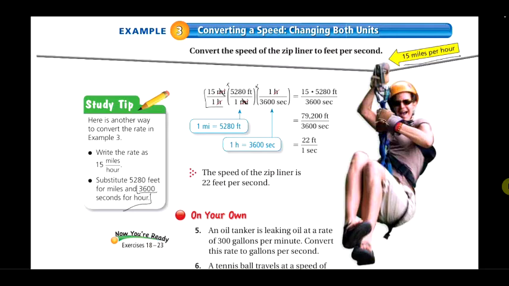So they simplified some things, meaning that they got rid of those parentheses, so you're left with 15 times 5,280 little tiny feet in a mile, and feet on the top. And on the bottom, all we're left with is 3,600 seconds. And they do some fancy math, you end up with 22 feet per second. We've gone from miles per hour to feet per second.